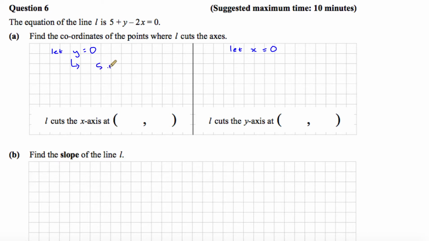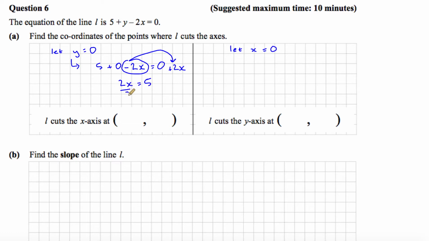5 + 0 - 2x = 0. So what I can do here is bring this minus 2x over to the other side of the equal sign, and it becomes positive. So that gives me 2x is equal to just the 5 now. So 2x is equal to 5.